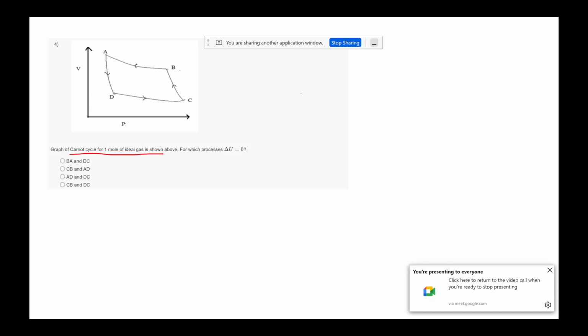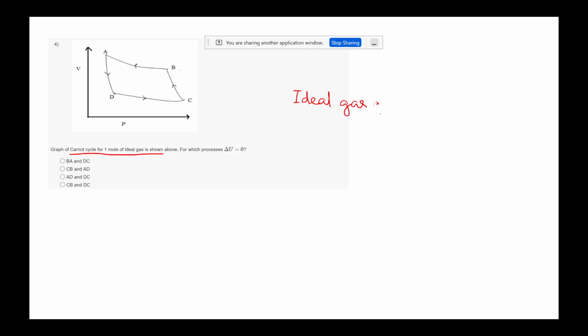So for an ideal gas, U is a function of T only. So if delta U is equal to 0, that means temperature is constant. That is the only clue, that is the information you need.